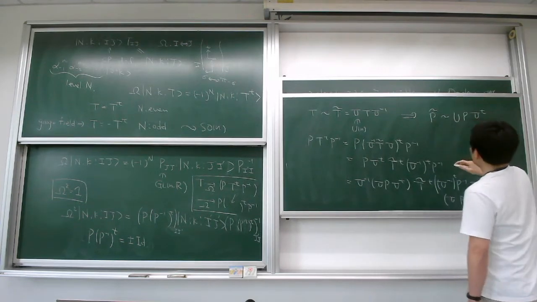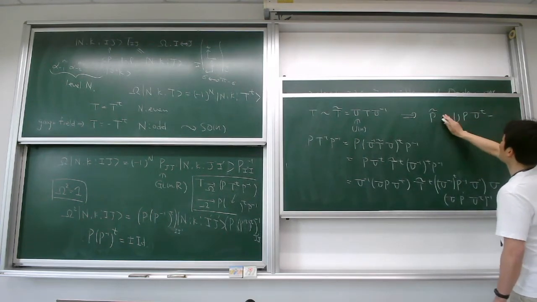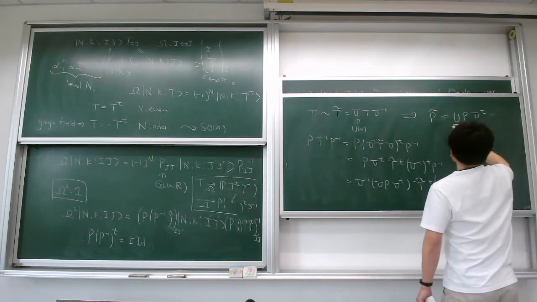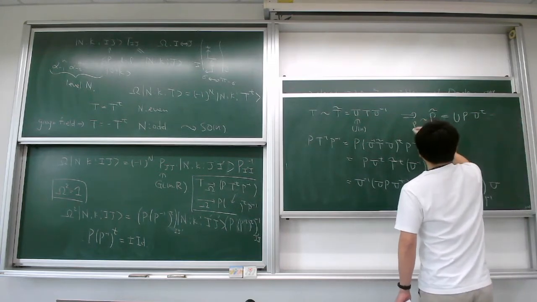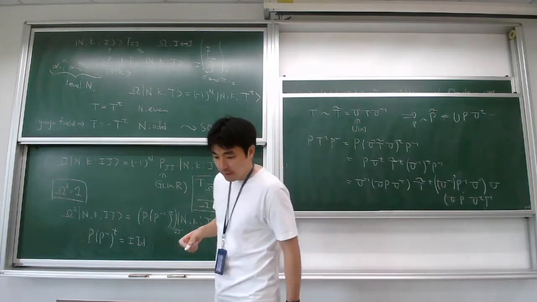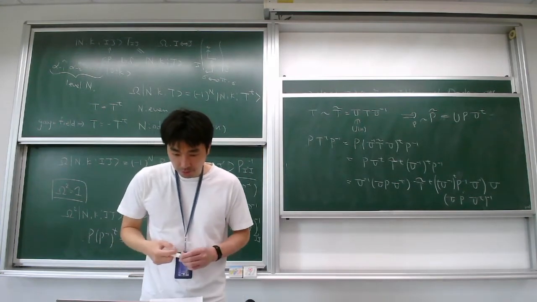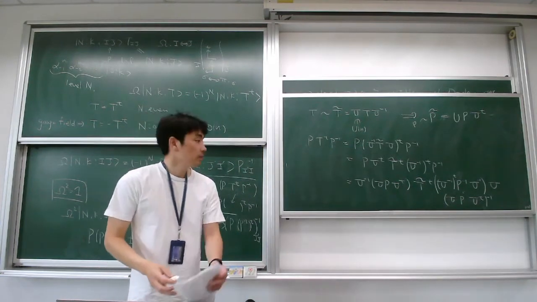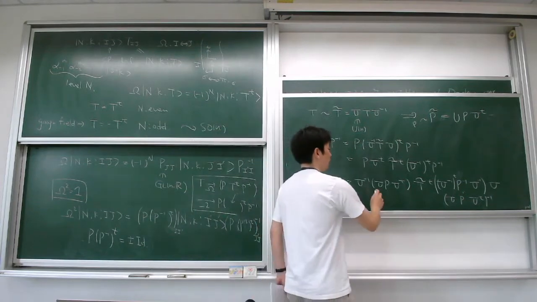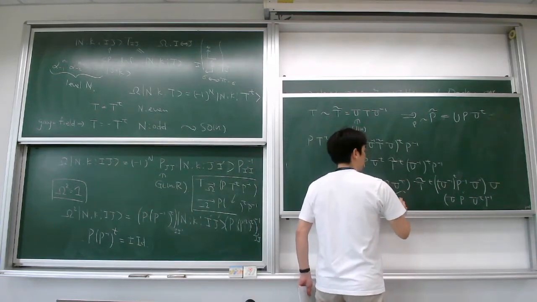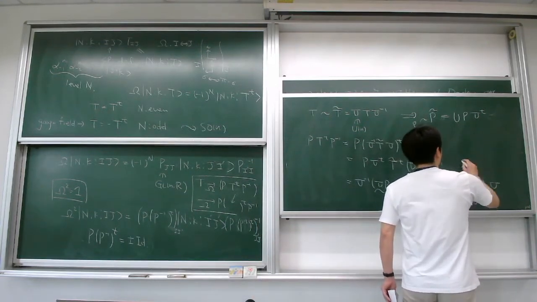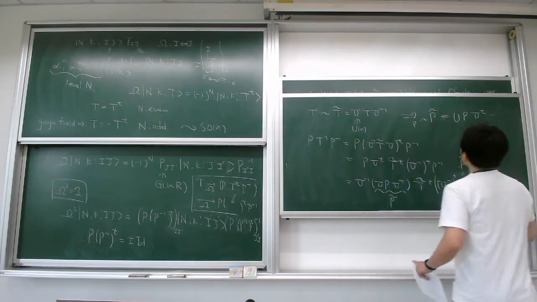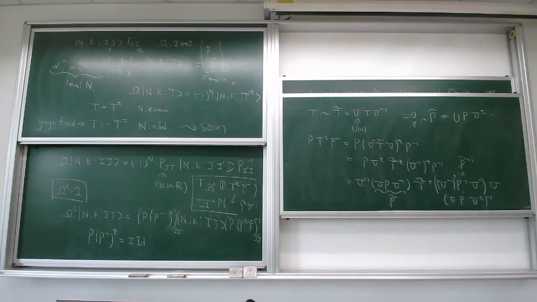Okay, sorry, P tilde is equal to this one, which is equivalent to P. Okay, so that's what we have shown. So this guy can be treated as P tilde, and this is P tilde inverse. So one can have a gauge equivalence to P.